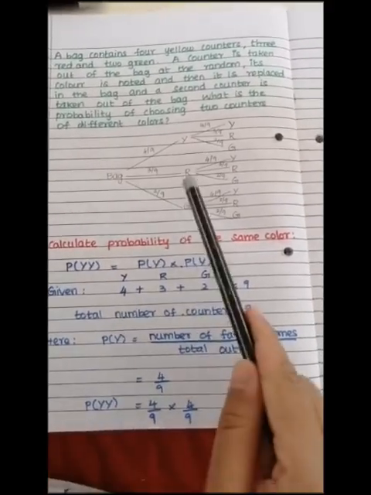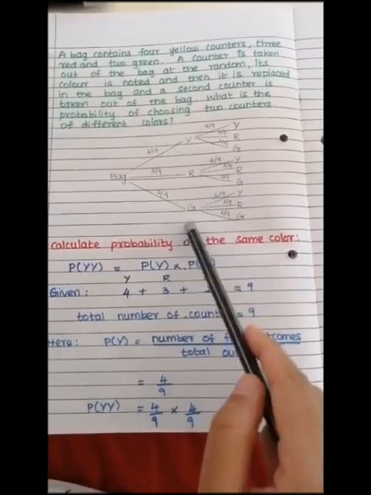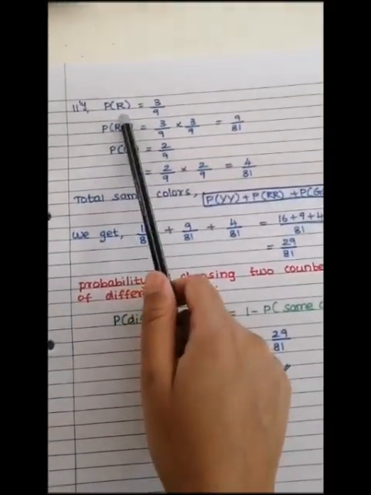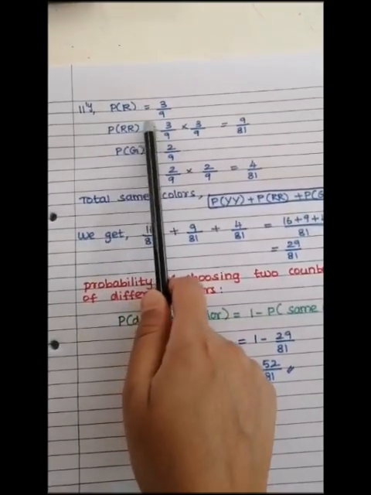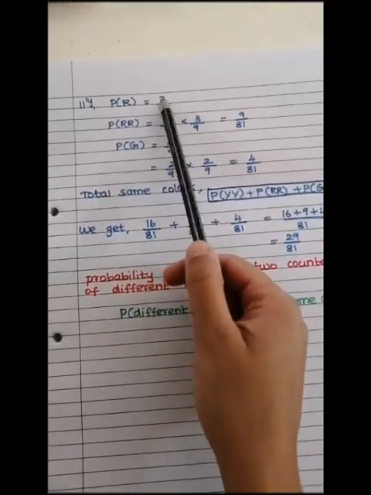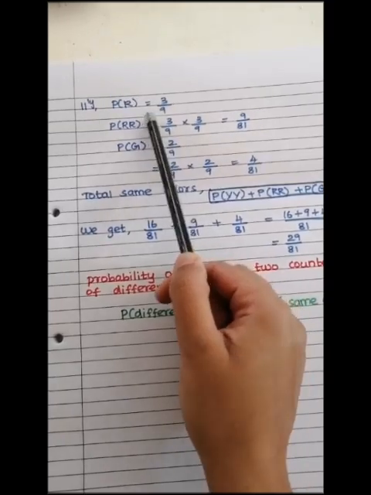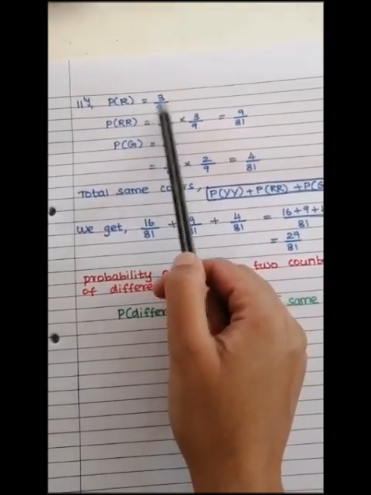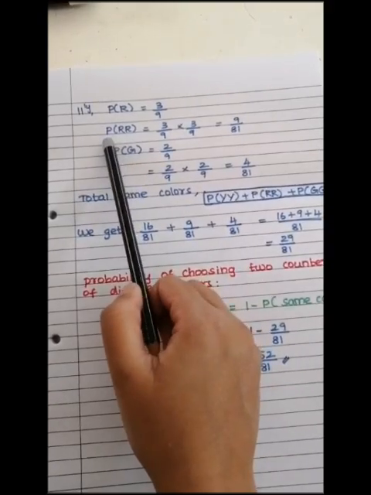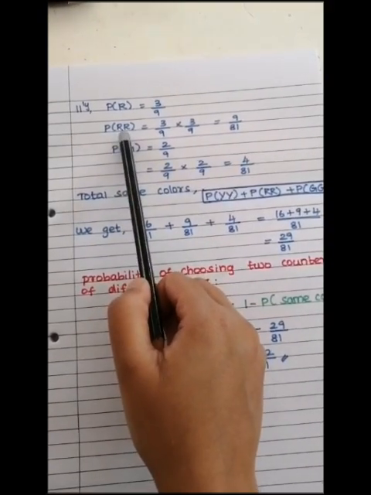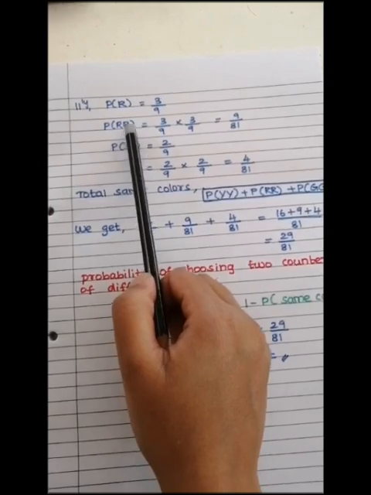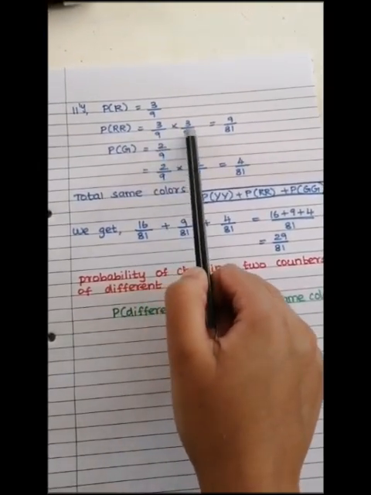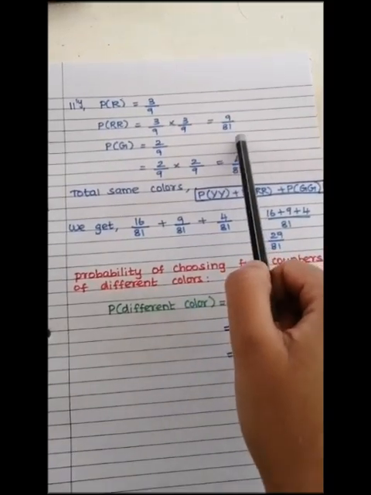Similarly, we find for red. The probability of one red is total number of red, 3, divided by total number of counters, 9. The probability of red twice is 3 divided by 9 times 3 divided by 9. Multiplying both, we get 9 divided by 81.